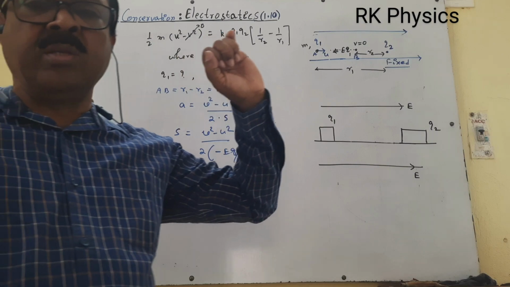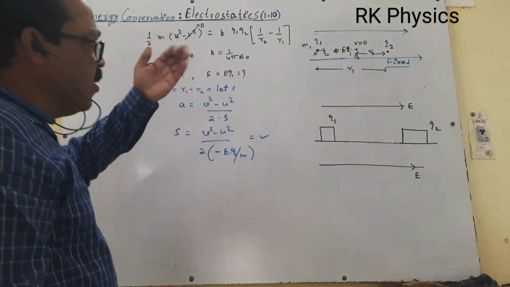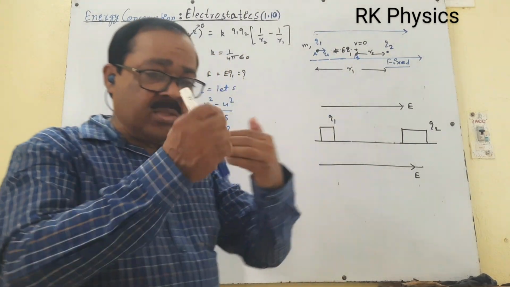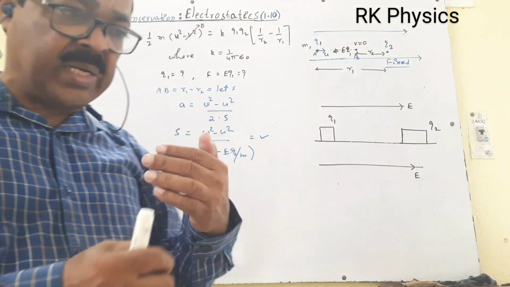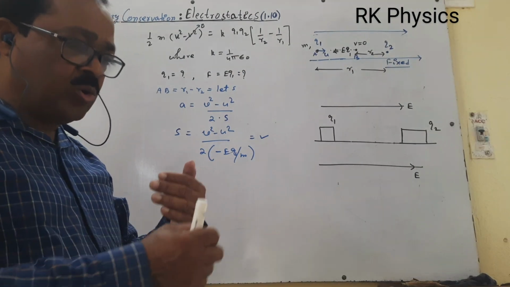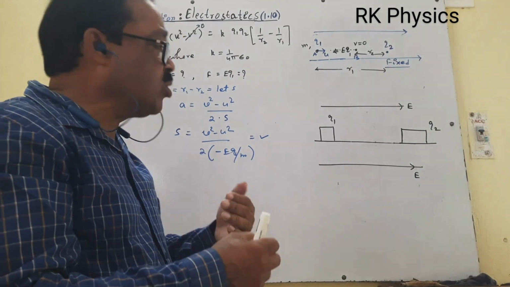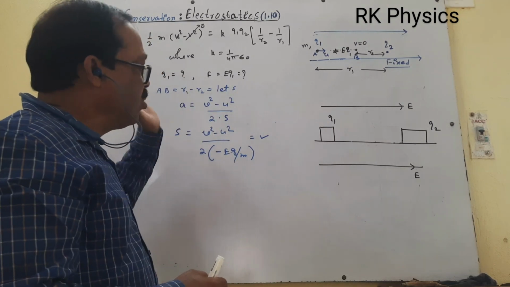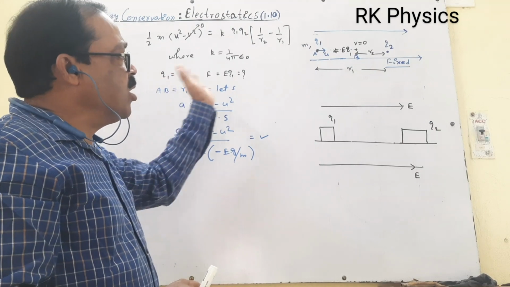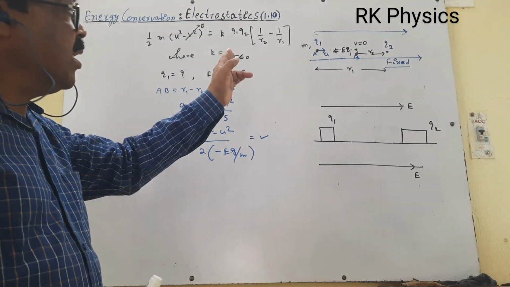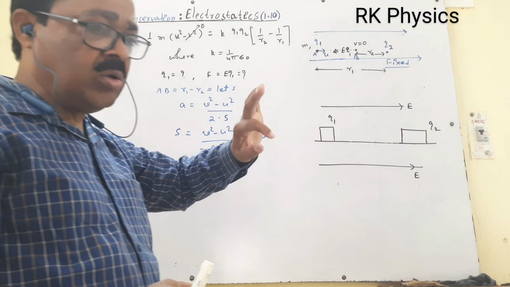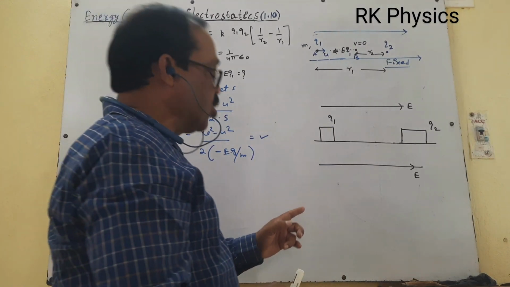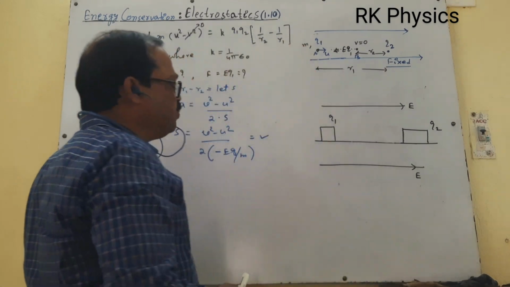If v is greater than u, then you can find the distance traveled after some distance or a particular time, or, to get a particular velocity, what the initial velocity should be. So you can find the kinematic equations when either the electric field is reversed or the nature of the charge is changed, that is, instead of plus q, you take minus q.